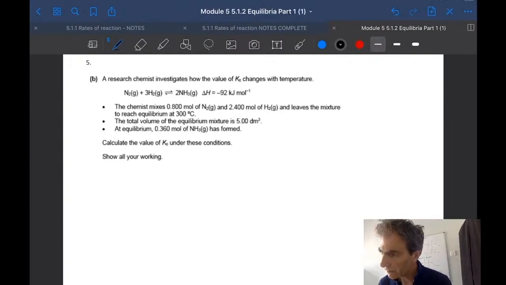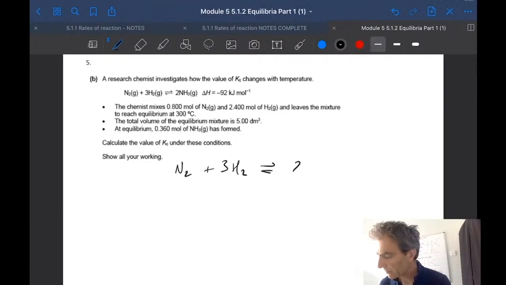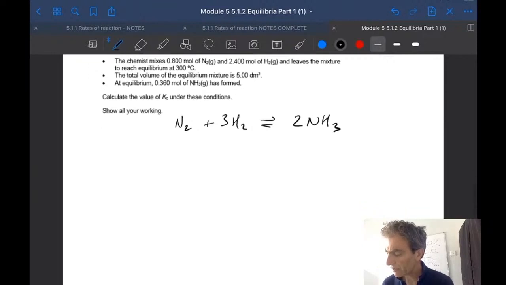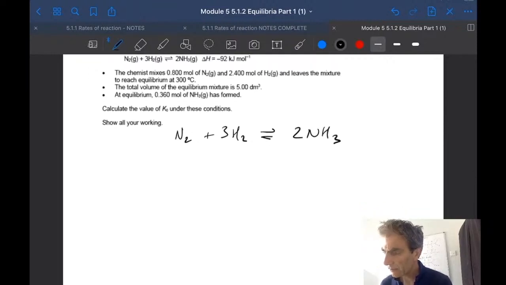I'm going to write the whole equation out. I mean, really, I should choose a different equilibrium for this question because they're both based on the Haber process. Anyway, it doesn't matter. So the initial moles of nitrogen was 0.8.